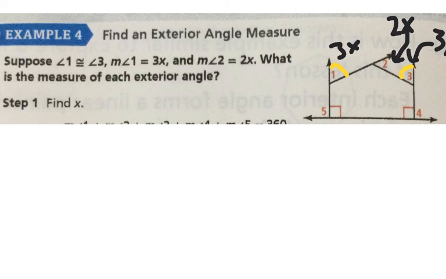So if the inside angle is 90, and these two have to add to be 180, that means that 4 is also 90 degrees. Okay, what about angle 5? 90. It's 90 degrees because I have another linear pair. And so angle 5 is 90.